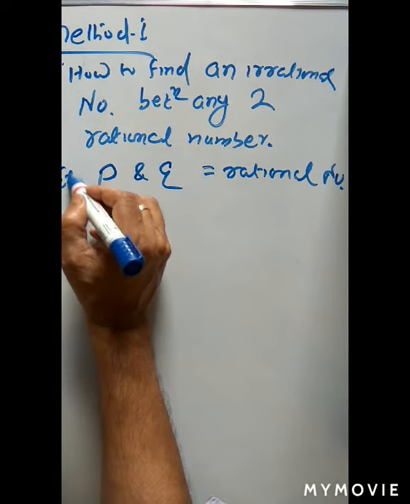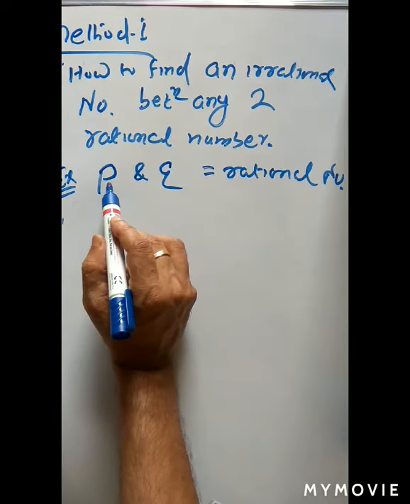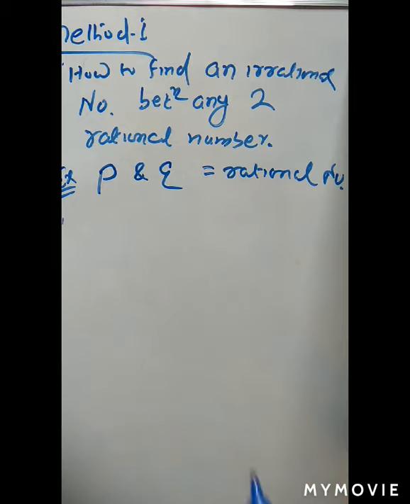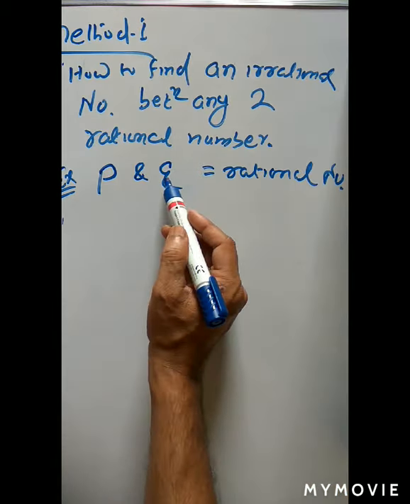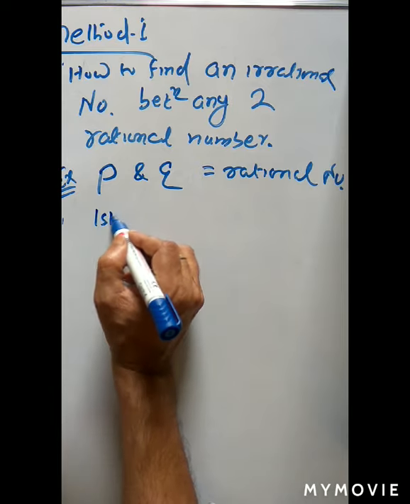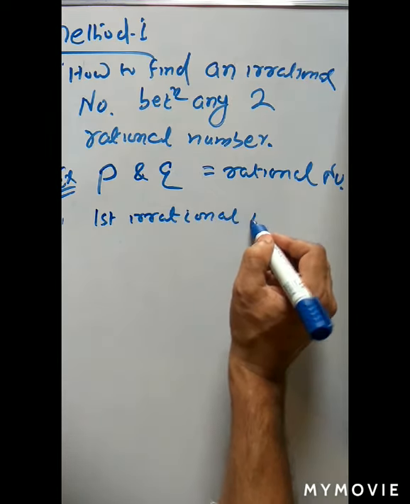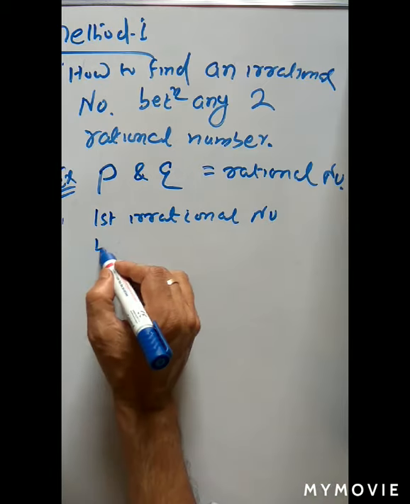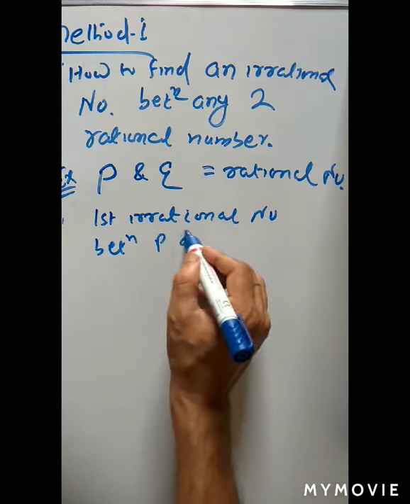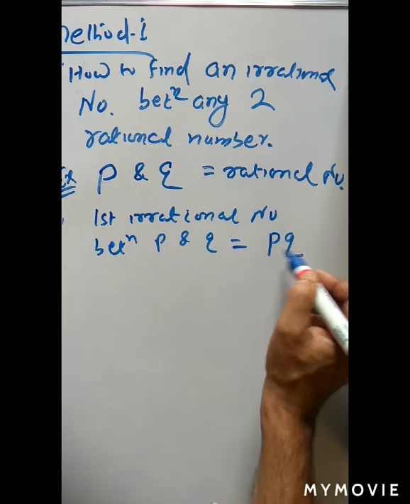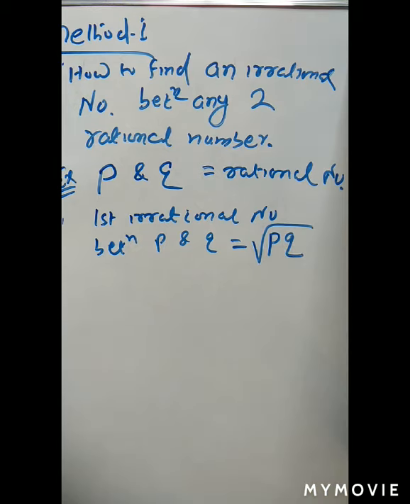So let us take the method. Suppose P and Q are rational numbers, we have to find the irrational number between P and Q. So the first irrational number between P and Q is equal to, just multiply P and Q and take a square root.